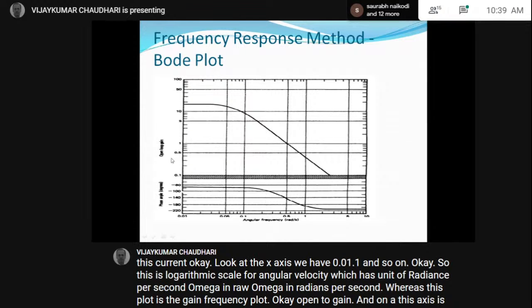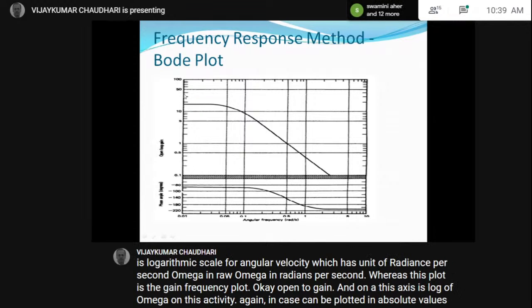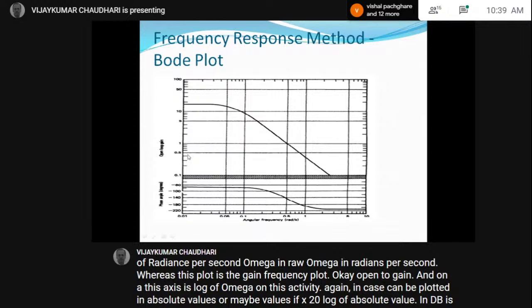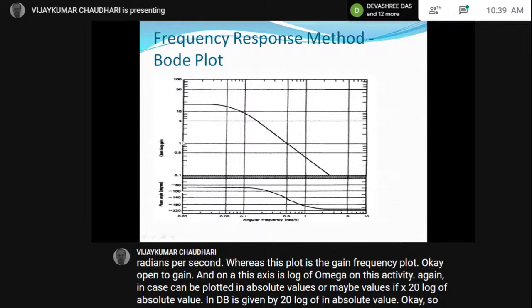Gain can be plotted in absolute values or dB values. Gain in dB is given by 20 log of the absolute value of gain. So here gain is given in dB, right?